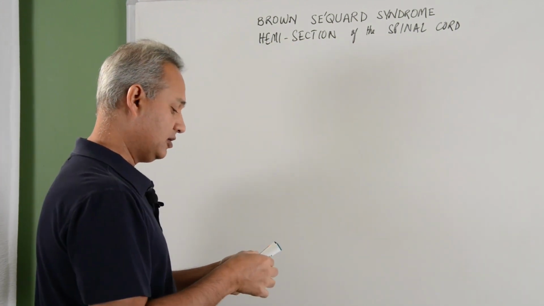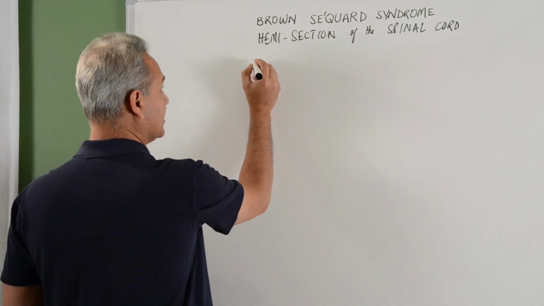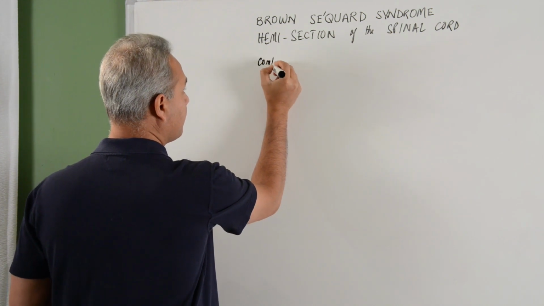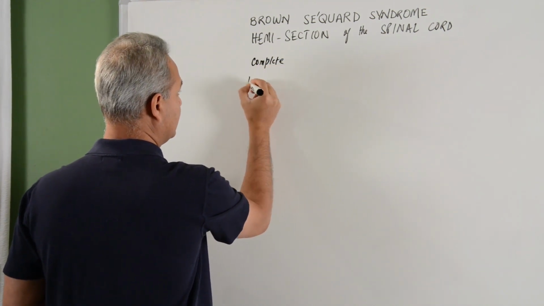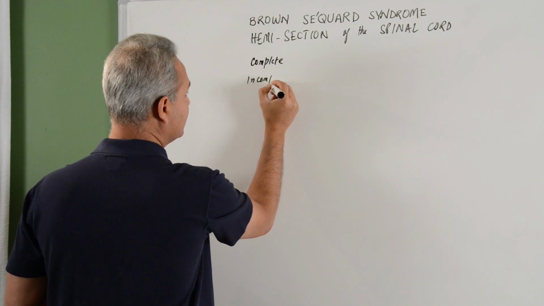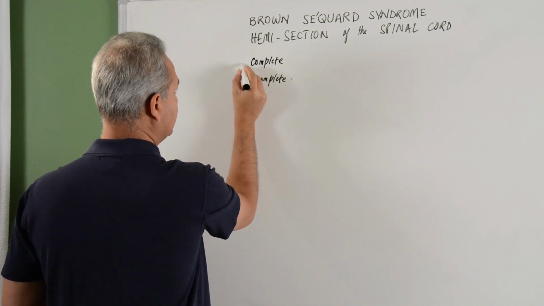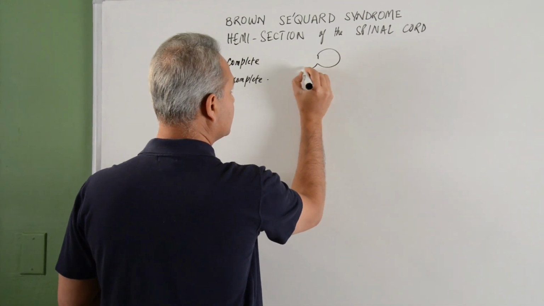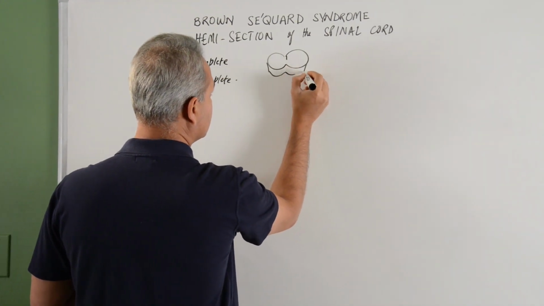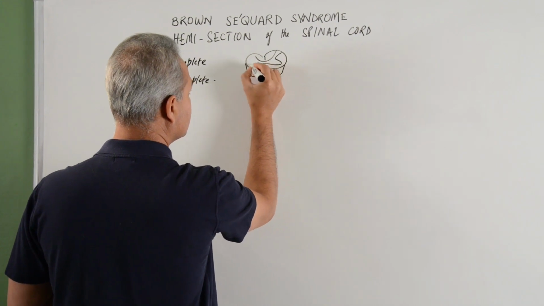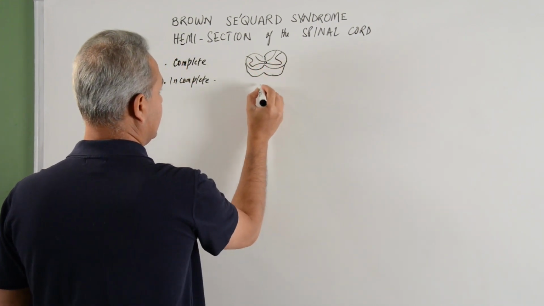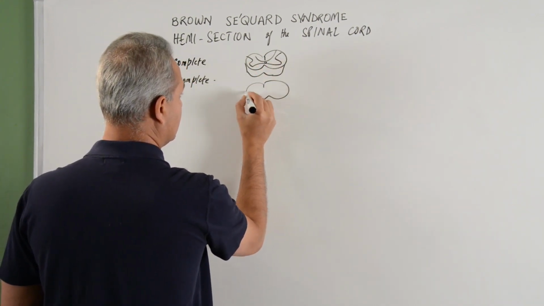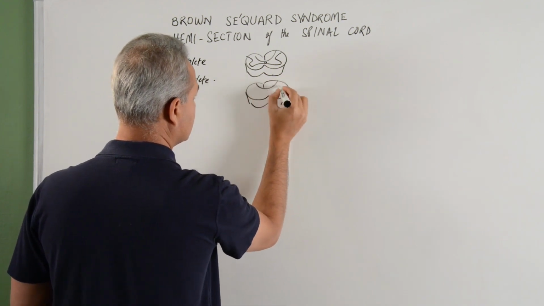Now hemisection, hemi means half. So what does it mean? Look, hemisection can be complete or incomplete. That is the first classification to remember. What does that mean? If I make a spinal cord here, so this is a spinal cord and this is another spinal cord section.